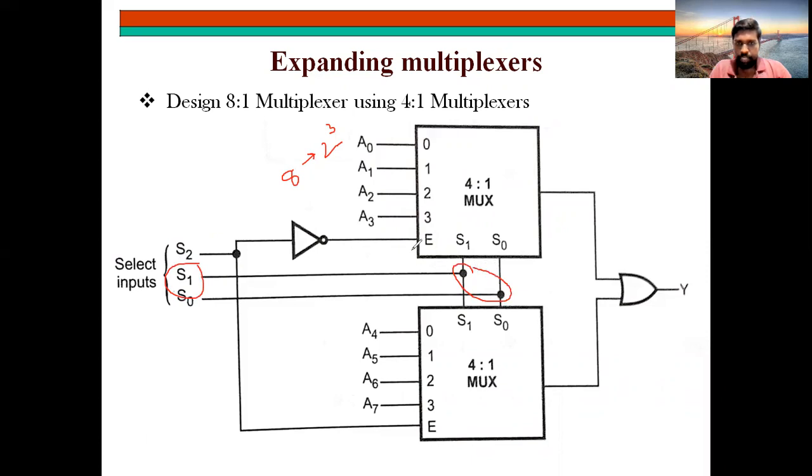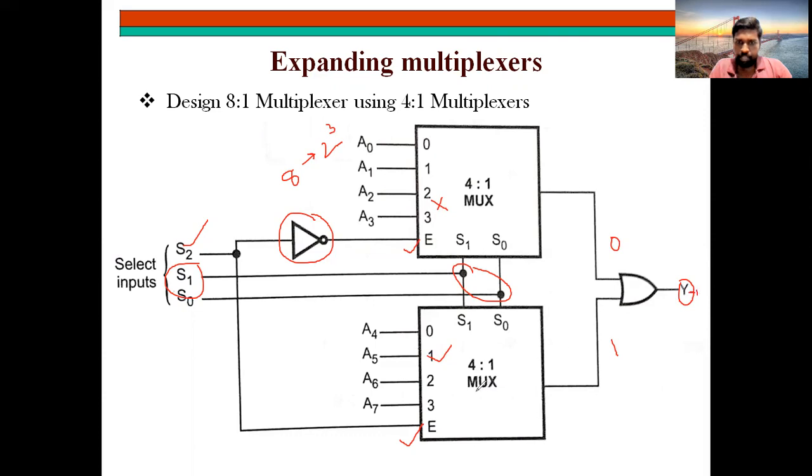So what you are doing is, there will be one enable pin for this one, and one enable pin for this one. Take these two and tie them as S2, the third selector input, and add an inverter, because if this is in on state, this should be in off state. Why? Because output should be only 1 for us. Suppose if this is 1, obviously the other must be 0, so that 1 plus 0, we'll get 1 as the answer.